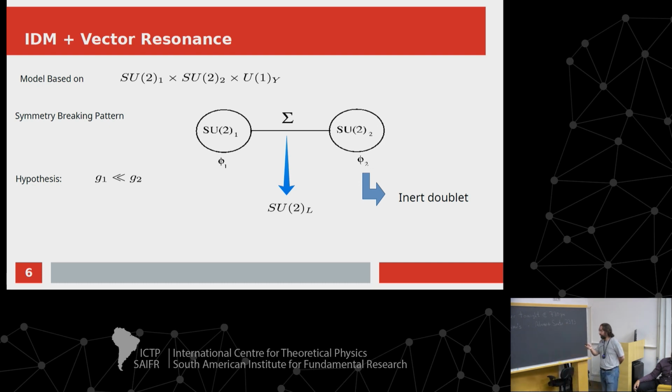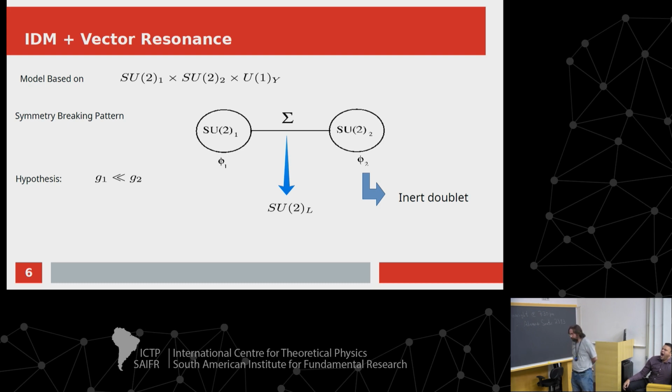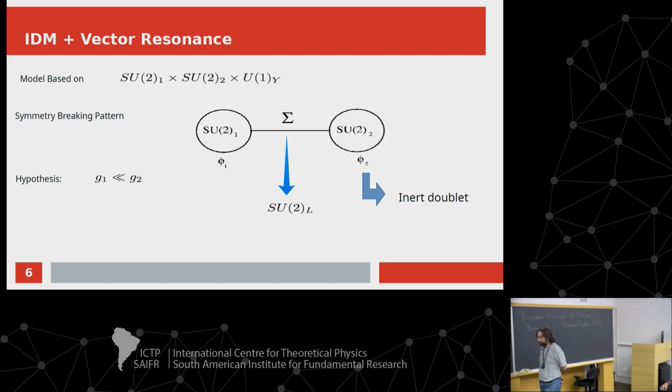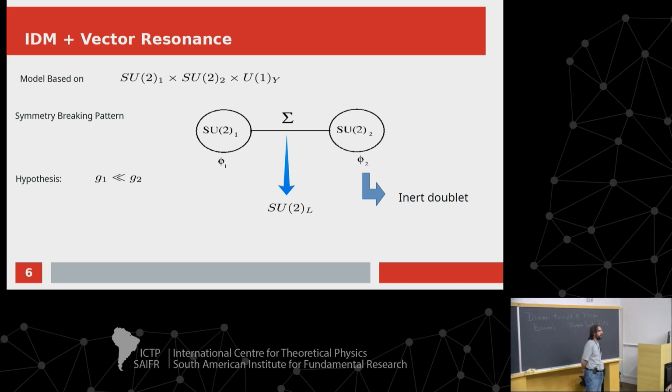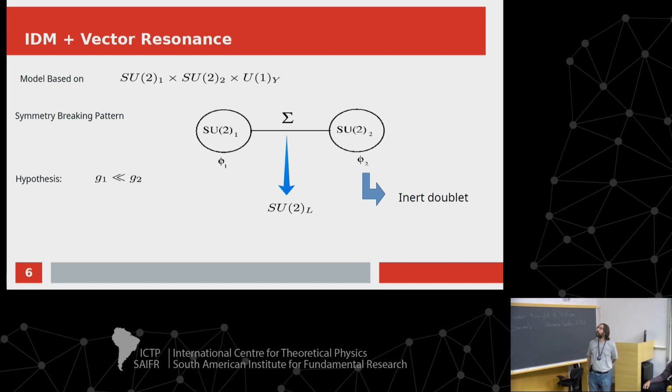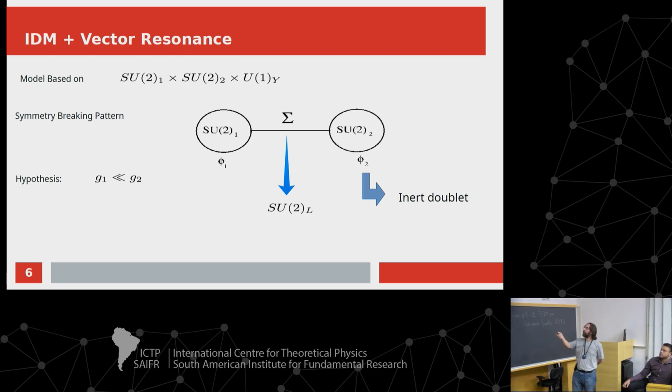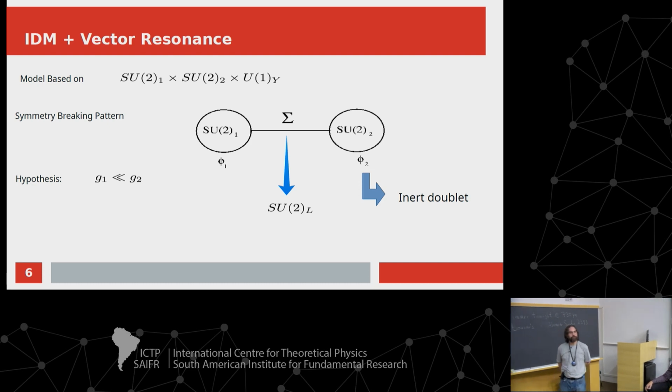So this kind of scenario can reflect, for instance, the case of a strongly interacting sector in the dark sector, and this doublet and the gauge boson here can be considered as a composite state. Here it is a bidoublet, but we really consider this like a nonlinear sigma model matrix. It's a Nambu-Goldstone matrix.